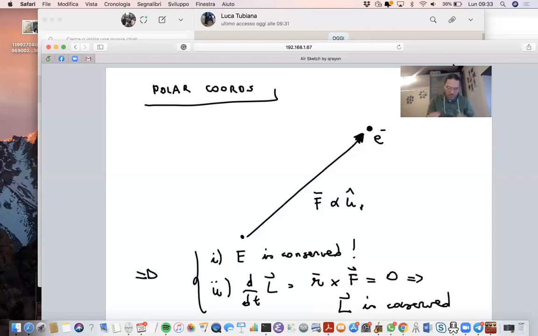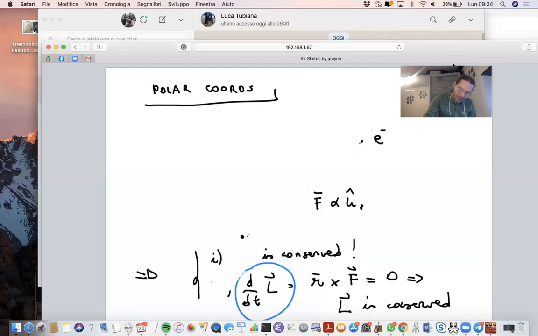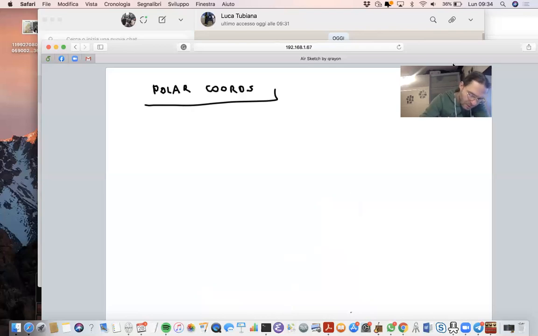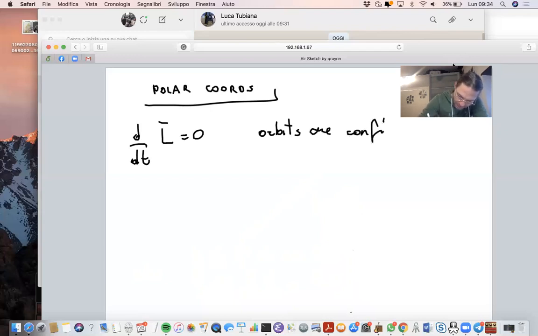Well, let's forget for a moment the first conservation law, which will come in handy later. Let's focus on this conservation law. One thing that this conservation law is telling me is that the motion of the electron occurs on a plane. Orbits lie, or are confined, on a plane.